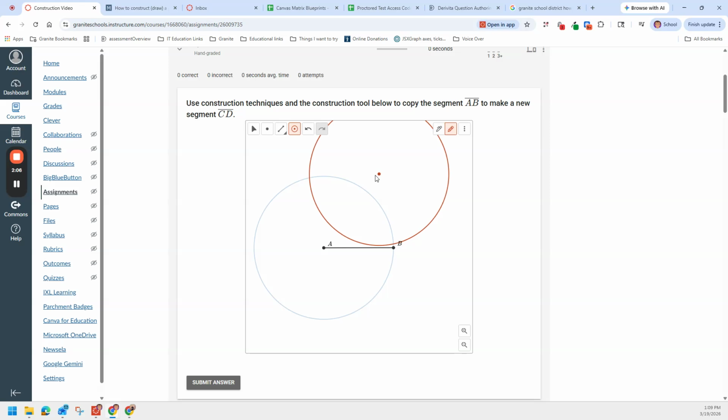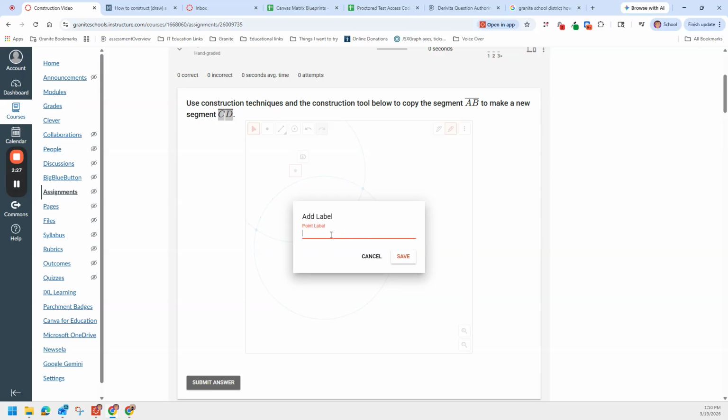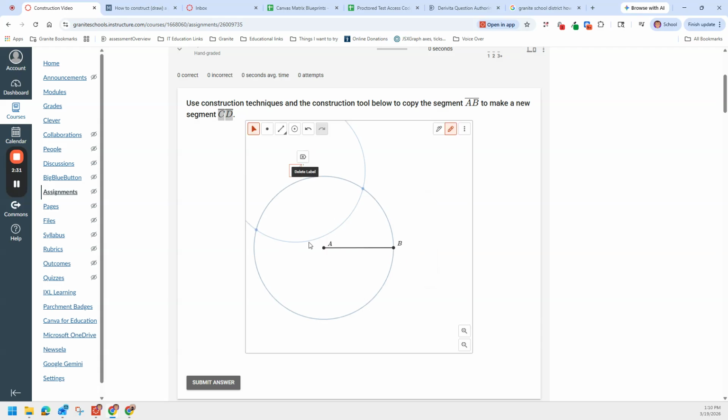So I'm going to go ahead and do that, and I'm going to create that same circle, but just over here. Notice we want to copy AB, but create the segment CD. So I'm going to go over here, make this point be point C. So point C is going to be like my point A.